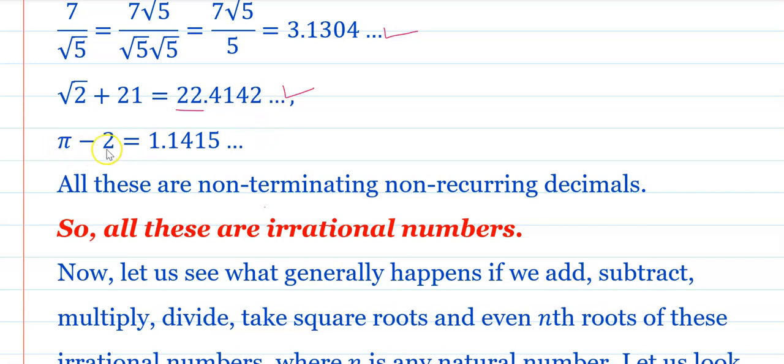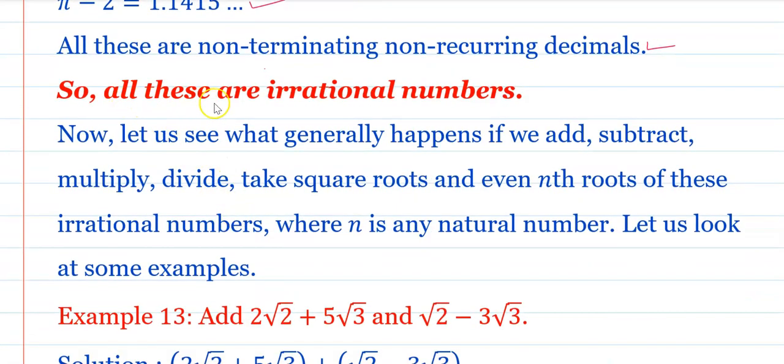Pi minus 2: pi is 3.1415, and if we subtract 2, we get 1.1415 and so on. This is also non-terminating and non-recurring. All these are non-terminating, non-recurring decimals, so all these are irrational.